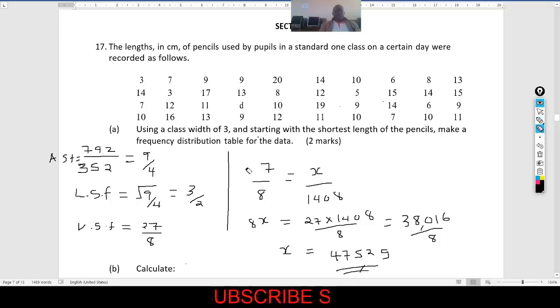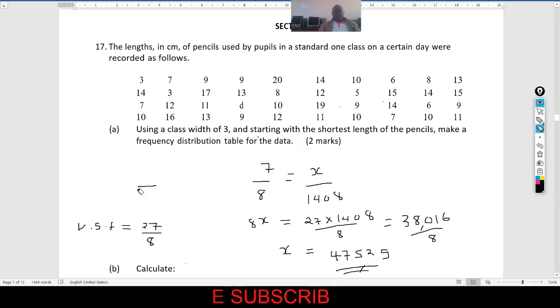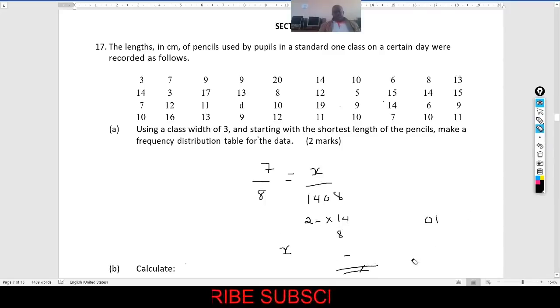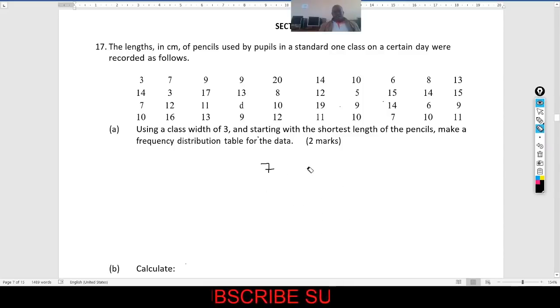Now, we proceed to the work of the day, that is section B. I start with question number 17. In this question you are given the lengths in centimeters of pencils in a class on a certain day, recorded as 3, 7, 9, and so on.